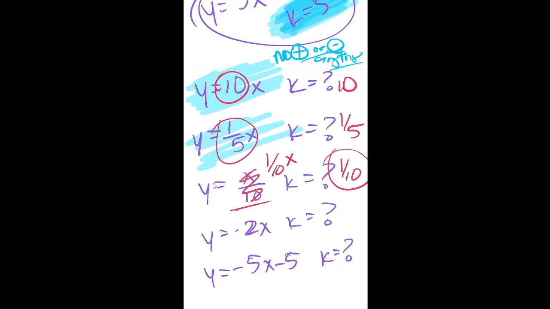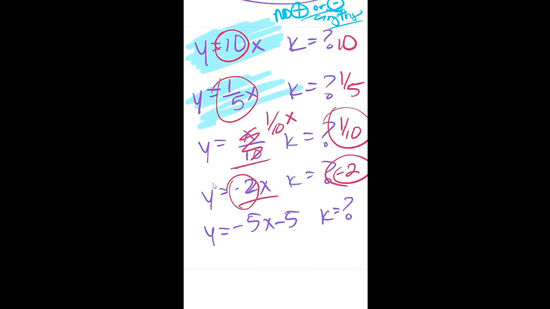Any pluses or minuses? If so, it does not have a k. If there is no plus or minuses, fine. What is it being multiplied by? If your x is part of a division problem, it's being multiplied by a fraction. Just show the fraction and you got it, okay? How about this? The k for this should be negative 2, okay? Because that's the number in front of x.